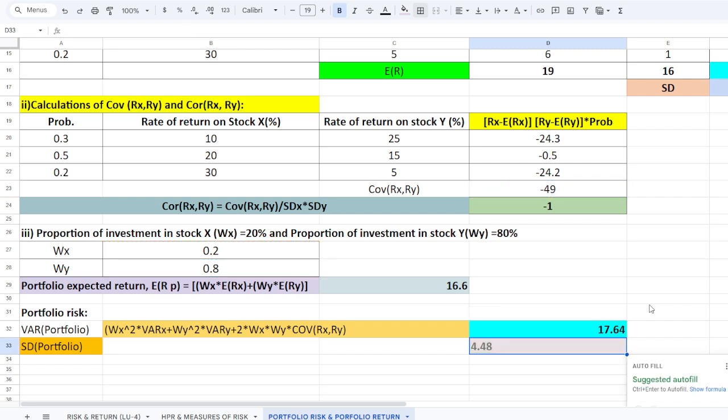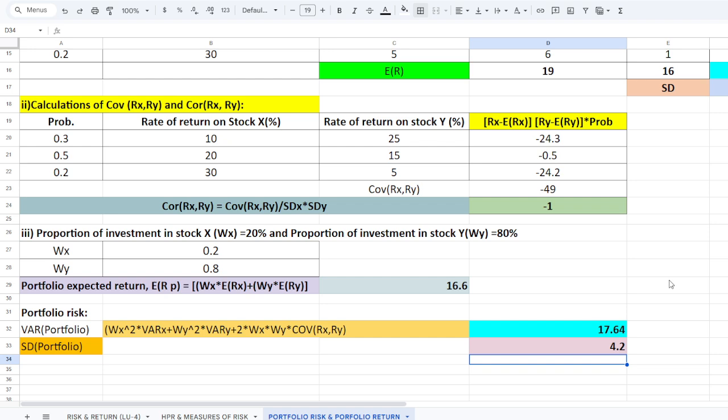So we came to know that 17.64 is my variance. Similarly, you can say that the standard deviation of the portfolio, you can use the SQRT function here. Then, okay, that's 4.2%, my standard deviation.